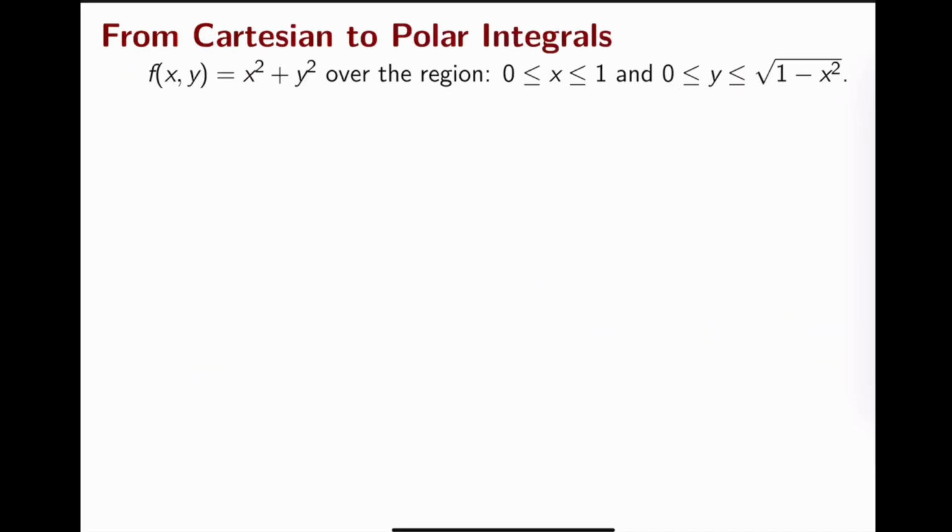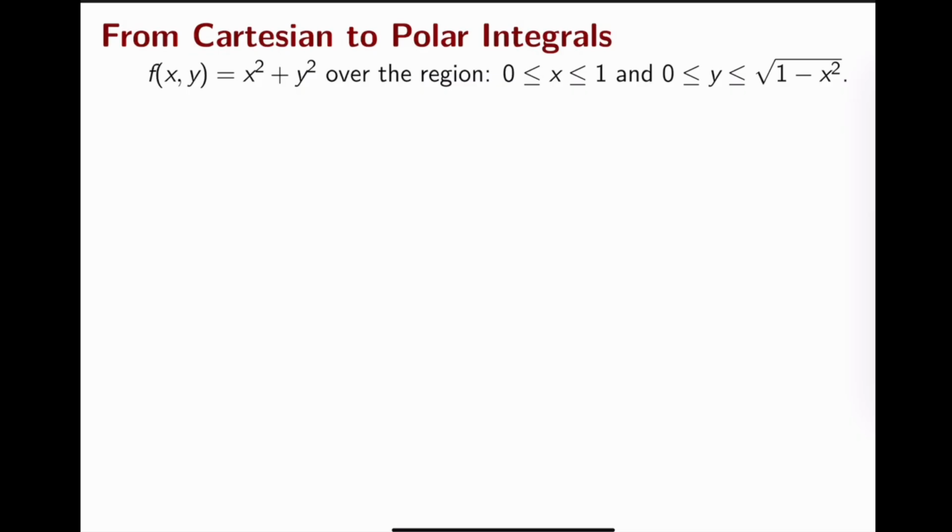If the function, like will be in most of the cases, is given in Cartesian and we want to calculate it in polars, that is mostly because the operation will be much easier depending on the region and depending on the function. It may be much easier to calculate in polars than in Cartesian.